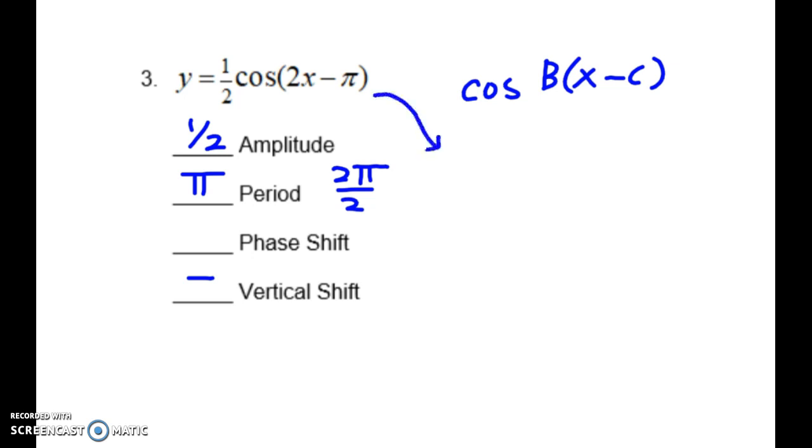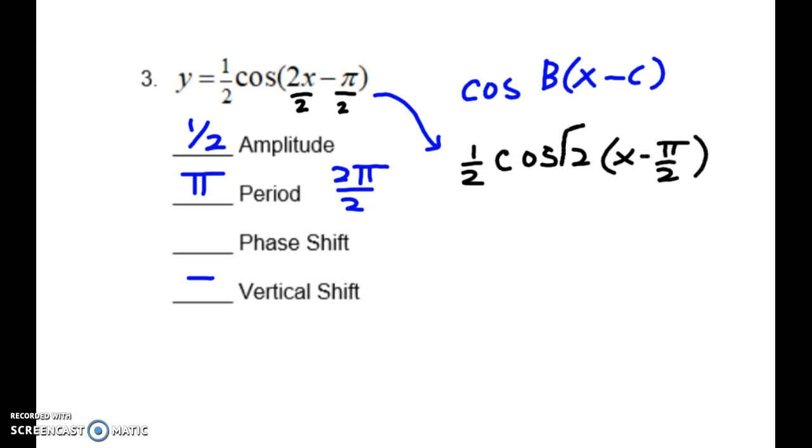And so if you wanted to, you could rewrite this as 1/2 cosine and take that 2 out of the x and take the 2 out of the pi. So dividing this by 2 would give me x. And dividing this by 2 would give me minus pi over 2.